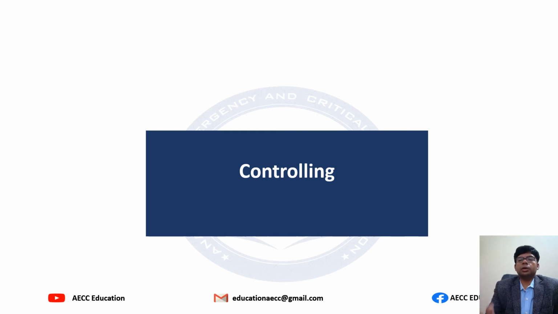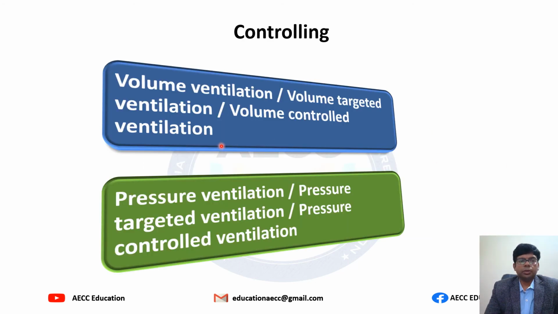So we already discussed the phase variables like triggering, limiting and cycling. Now move to the control variables. The way the ventilatory volume is delivered is decided by the ventilator mode set by the operator. The operator sets the mode by selecting either a predetermined volume or pressure as a target.